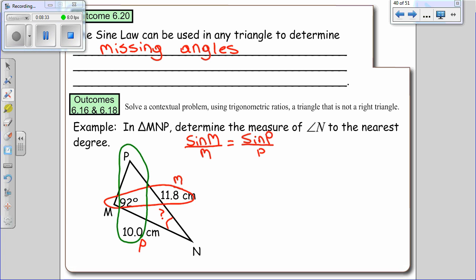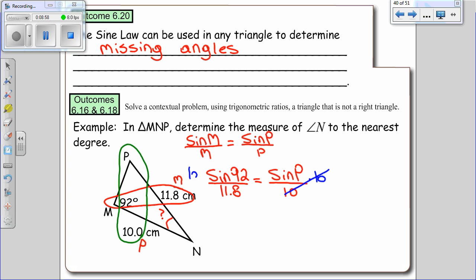You plug that information in, that means the sine of 92 divided by 11.8 equals sine of P divided by little p, which is 10. Just like before, we use this thing by itself, so we multiply by the bottom. So both sides are times by 10.